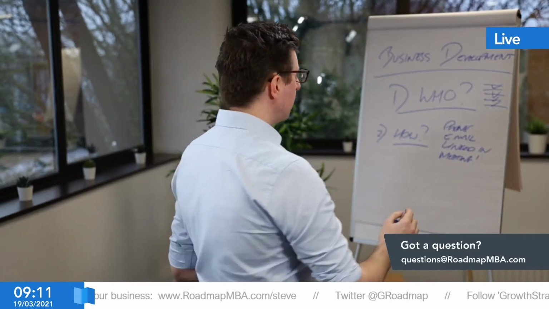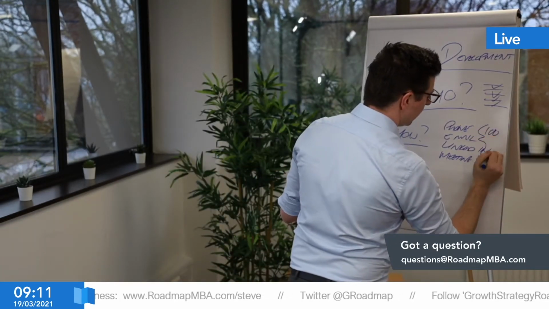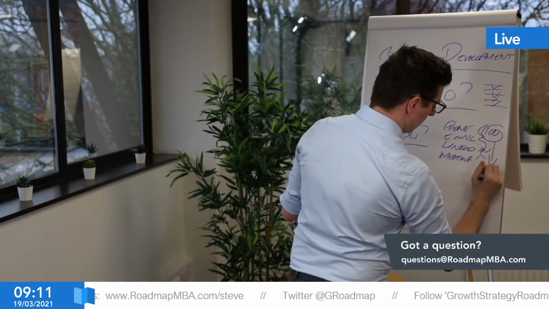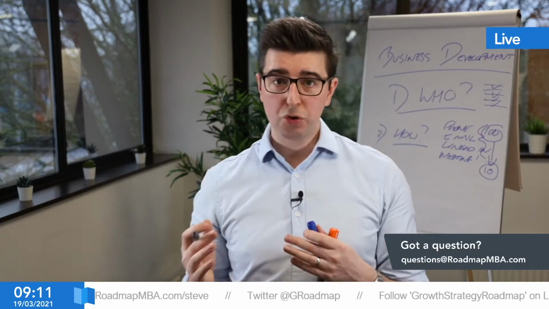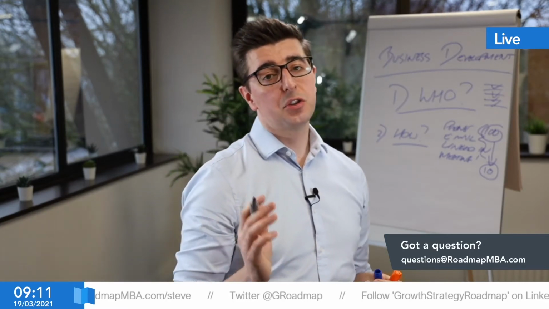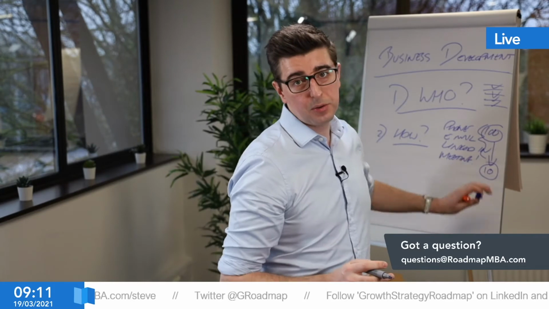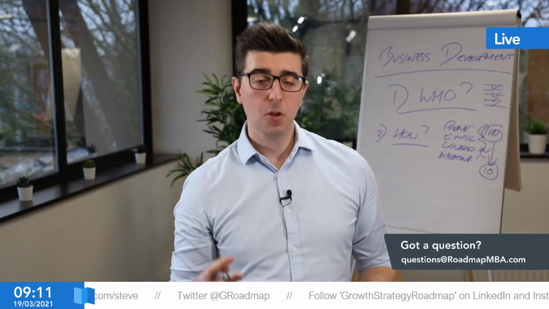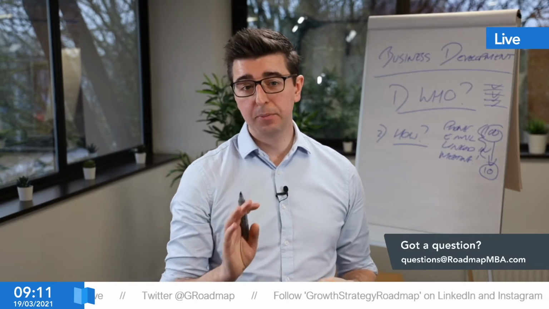So you might have to do 100 of these to get 10 meetings. But the point is, you've got your structure of how you like to do it. And the failure that a lot of people make is they only promote in the way that they're comfortable, not in the way that their target customer likes to do business. And that's a really important thing.